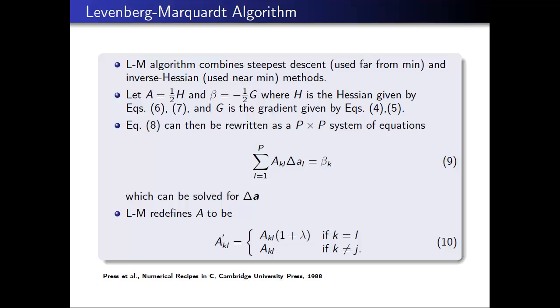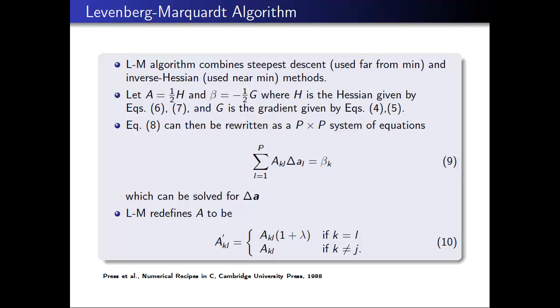Now, that was the Newton-Raphson. The Levenberg-Marquardt takes that method and adds a little twist to it. It's a method that combines two methods, and I think that gives it its power. It combines the steepest descent used far from the minima and an inverse Hessian near the minima. I'll show you how that works.